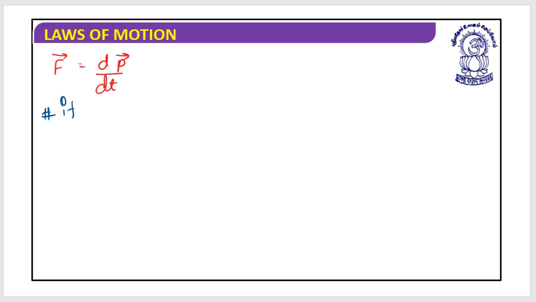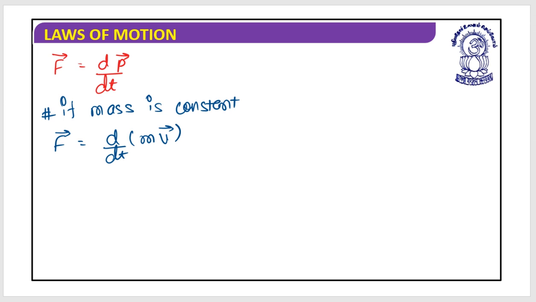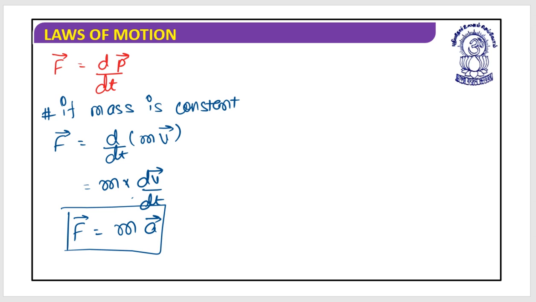If mass is constant, the situation would be F is equal to d by dt of m into v. Let's say mass is constant, so this is m into dv by dt, and dv by dt is the acceleration, that is, force is equal to mass into acceleration. This is the first relation.